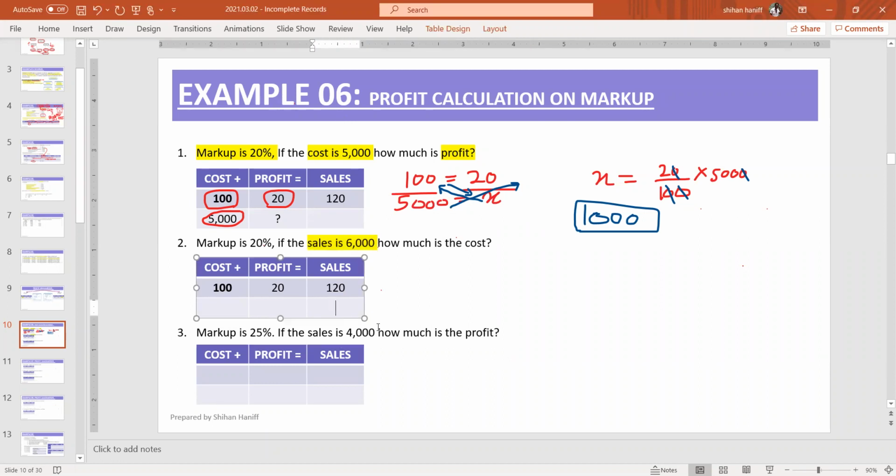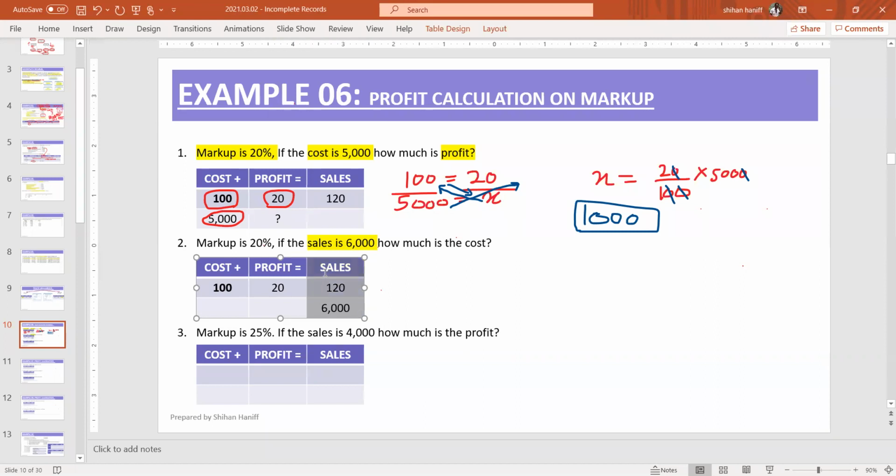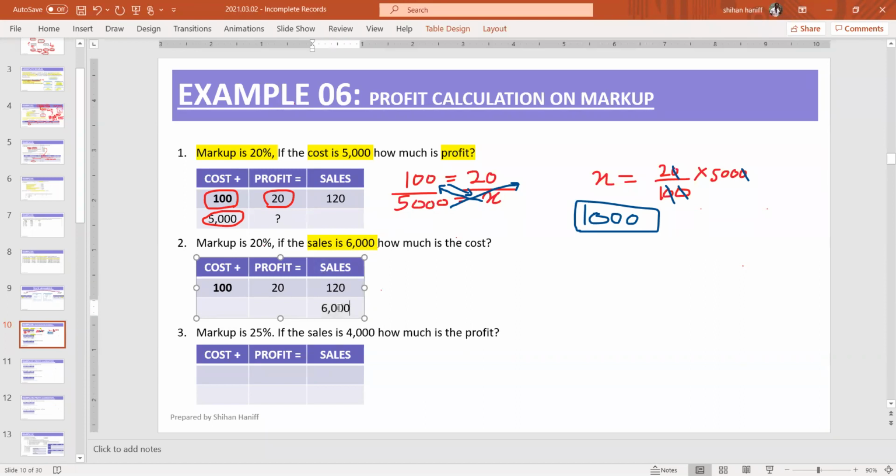Sales is 6,000. Now you need to record the sales here, 6,000 under the sales column. If the sales is 6,000, how much is the cost?